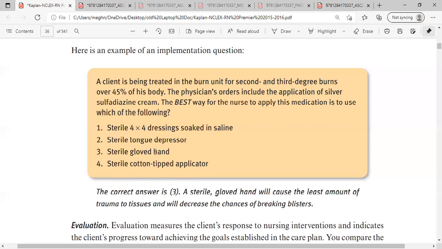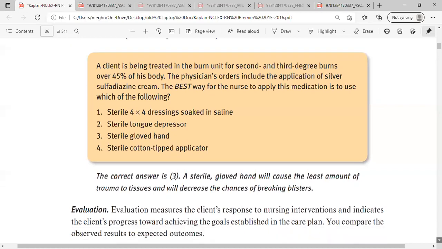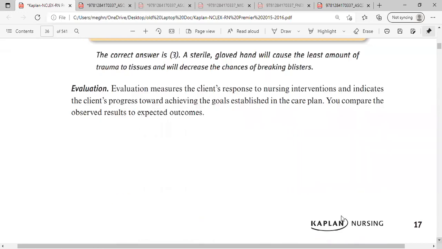Sterile gloves, first of all, because hand washing and gloves can reduce 95% of infection. So a sterile gloved hand will cause the least amount of trauma to the tissue, will decrease the chance of breaking a blister, and prevent infection. The priority is the infection. And now go for evaluation.